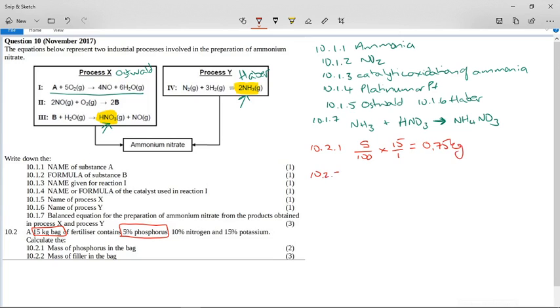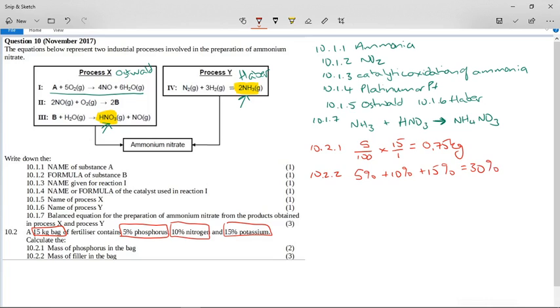So then 10.2.2 says to you, what is the mass of filler in the bag? So basically, everything in the bag that is not a chemical compound is filler. So if we have a look here, we've got 5% plus 10% plus 15%. So that comes to 30%.